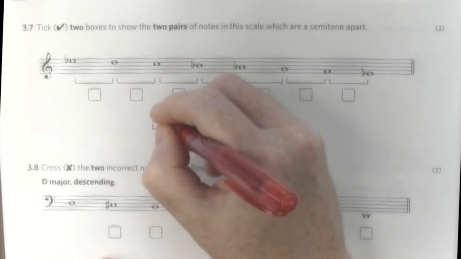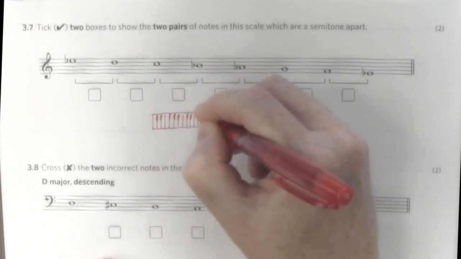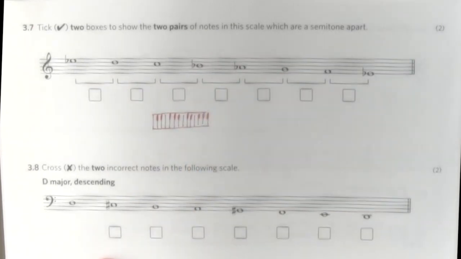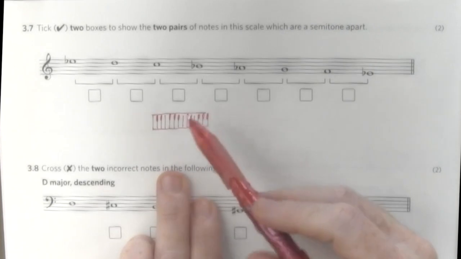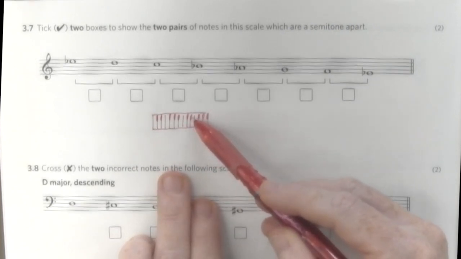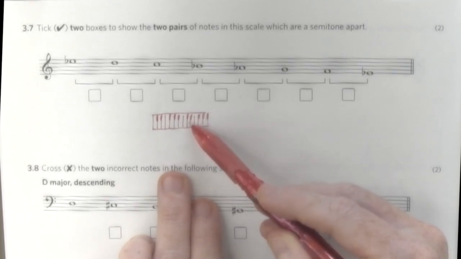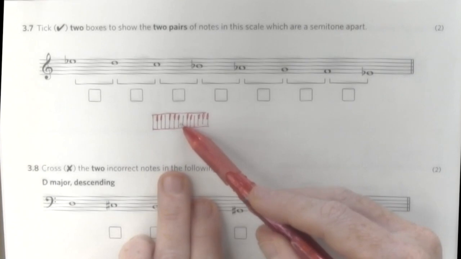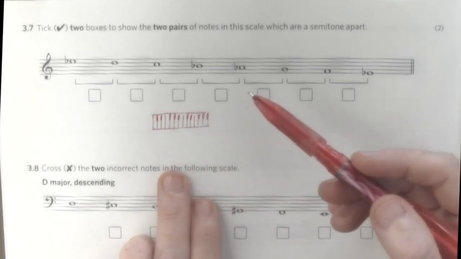If you're not a piano player, you can also do it, provided that you know what a semitone is. A semitone is the shortest distance between 2 notes. So for example, this is not a semitone because there is this in between. This is a semitone. This is also a semitone because there is nothing between the 2 keys.